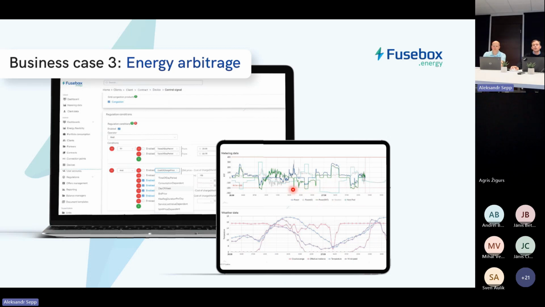This particular client tries not to consume from the grid. So for him we are also optimizing, finding the right place where the price is cheapest, and then he uses that both for self-consumption and for trading. We are really trying to find the right combination for that particular client.